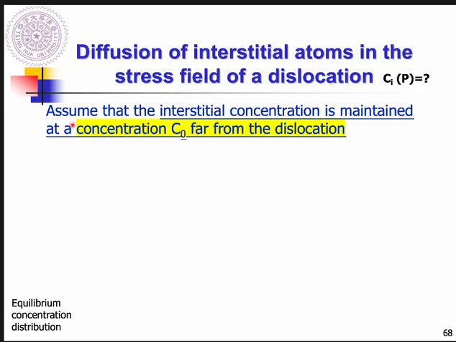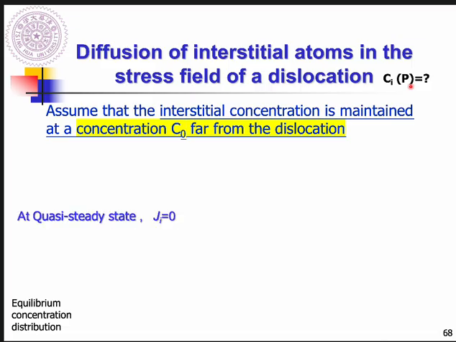We assume that the interstitial concentration is maintained at a concentration C0 far from the dislocation. This is like giving you a boundary condition, which means that the dopant concentration for these interstitials is C0 far away from the dislocation. And the question here is, can you write down C_I, the concentration of these interstitials, as a function of stress P?